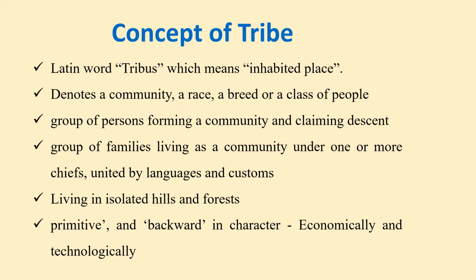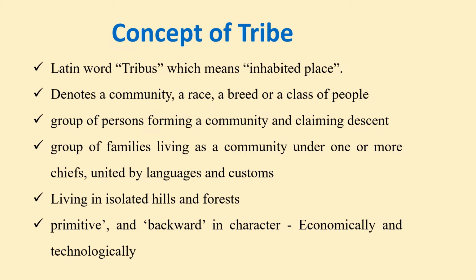The term tribe is derived from the Latin term tribus, which means an inhabited place, which is always regarded as hilly station. So tribe is commonly denoted as a community, a race, a breed or class of people.